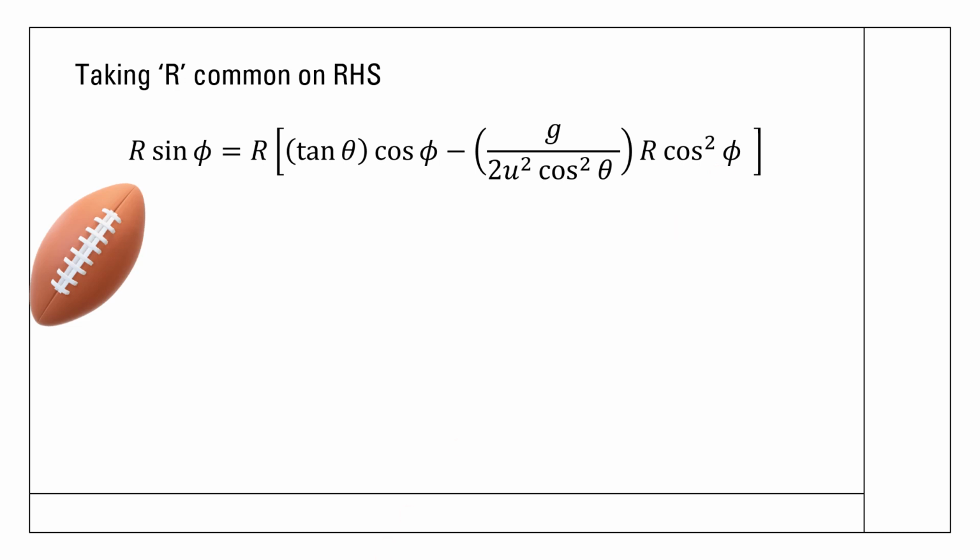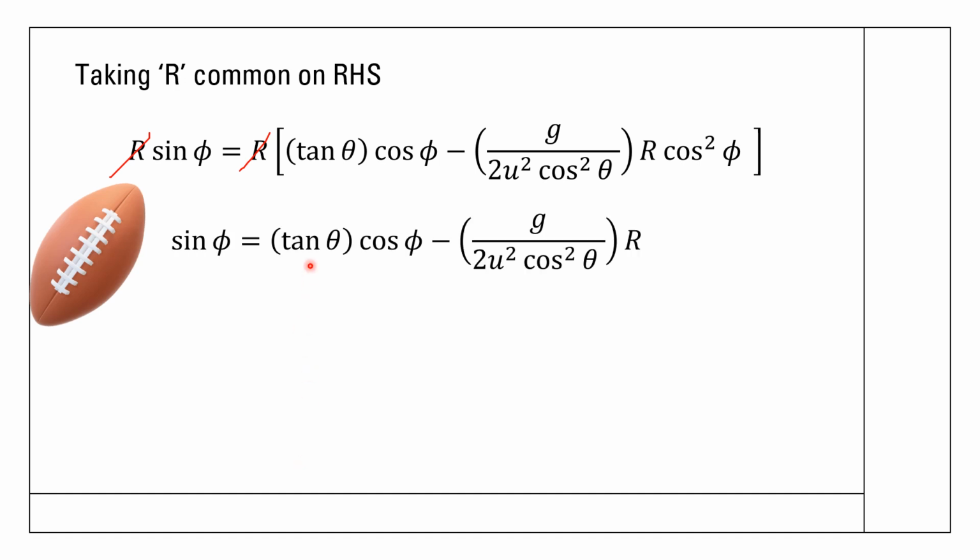So these two r's get cancelled. So we get sin phi is equal to tan theta into cos phi minus g upon 2 u square cos square theta into r cos square phi.